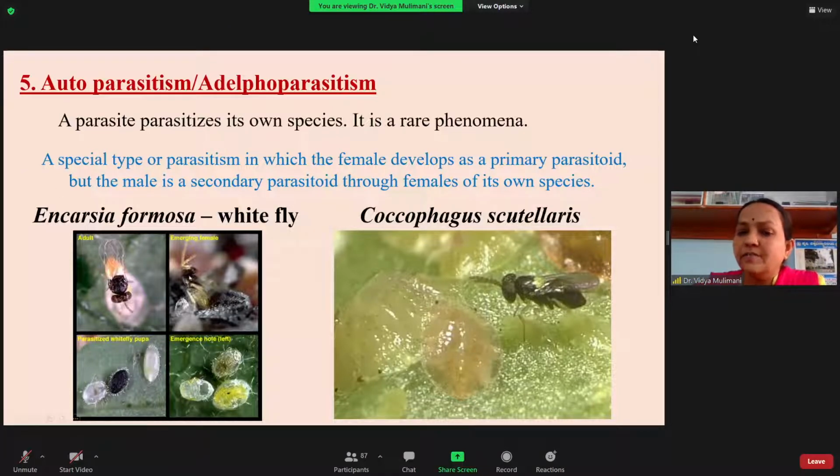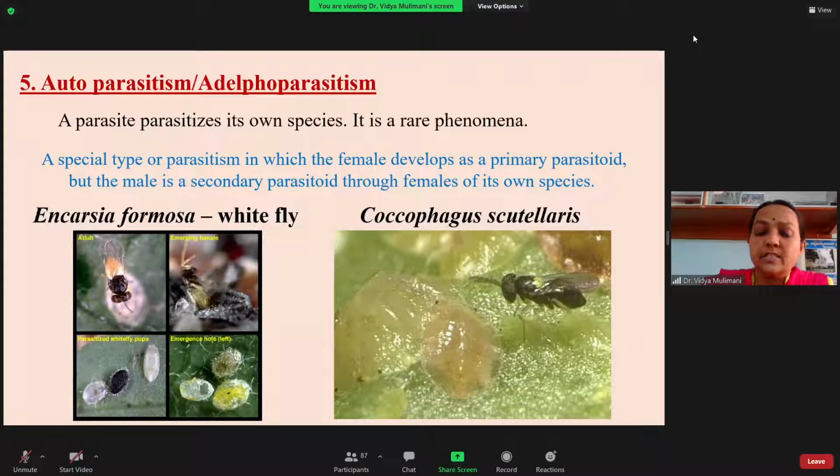The female will select the soft scale and she will lay the eggs. From that progeny, again you are going to get the male and the female. But the difference in the next progeny is that the female, after mating with the male, will again hunt for the soft scale. But the male does not have a role in the egg laying.